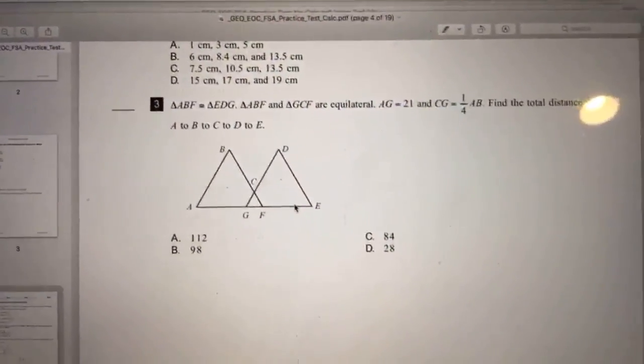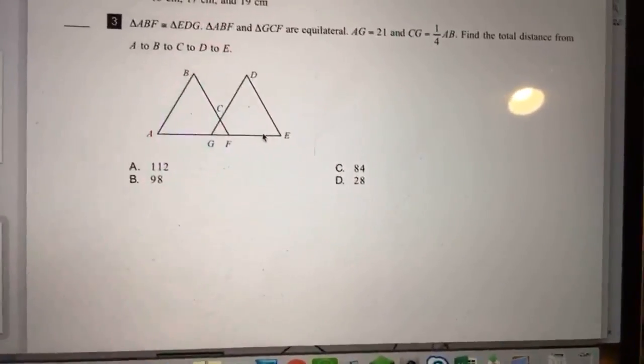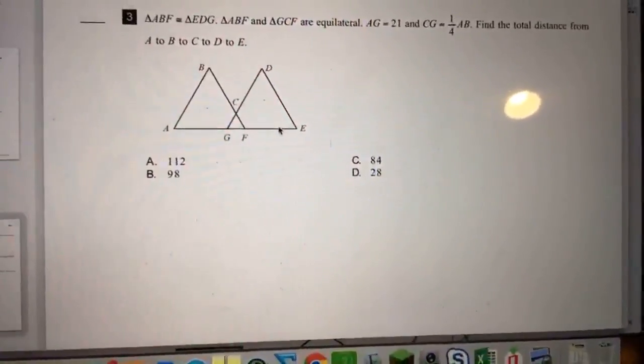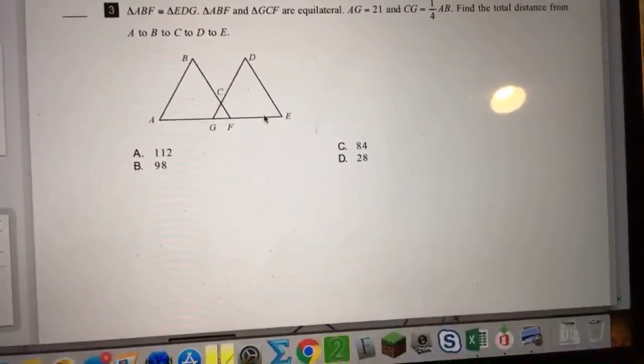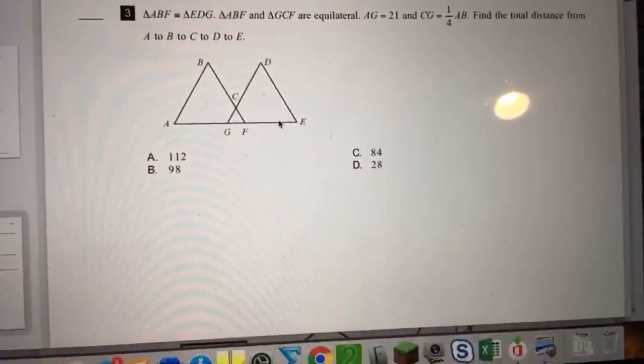So, what we have here, and I'm going to try to draw this out.